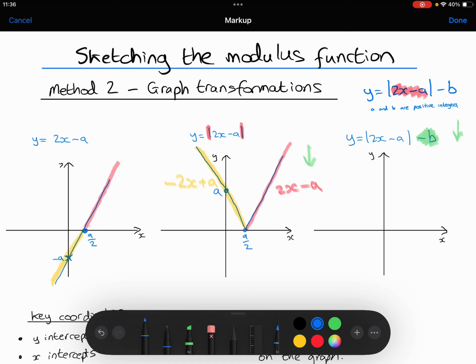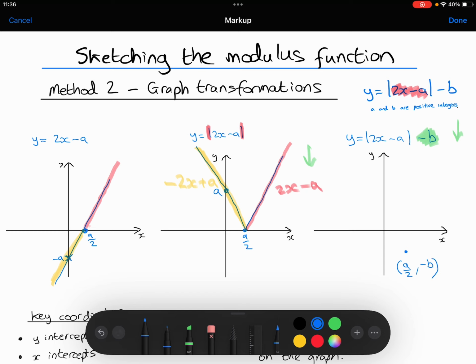So my vertex is going to move down. The x coordinate of my vertex is still going to be a over 2. That's not changing at all. The y coordinate of my vertex, or the y coordinate before, was 0. So my y coordinate now is going to be 0 minus b, which is minus b.